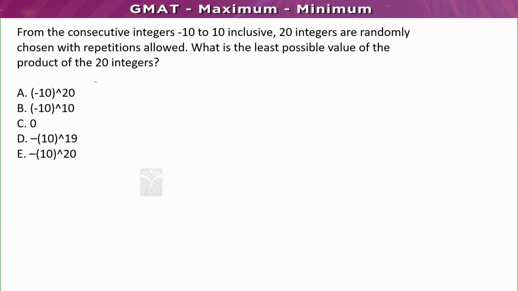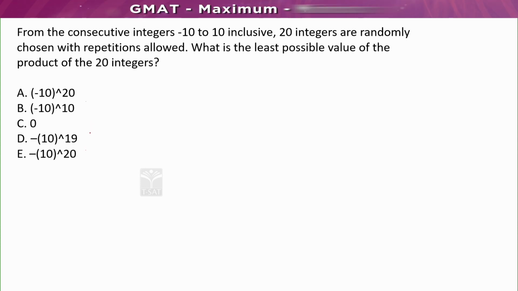So the least possible value is minus 10 to the power of 20, which is nothing but 10 to the power of 20, because it is an even power. The minus sign will become plus. So this and minus 10 to the power of 10 cannot be our least value in the options. The least value is not 0 also.